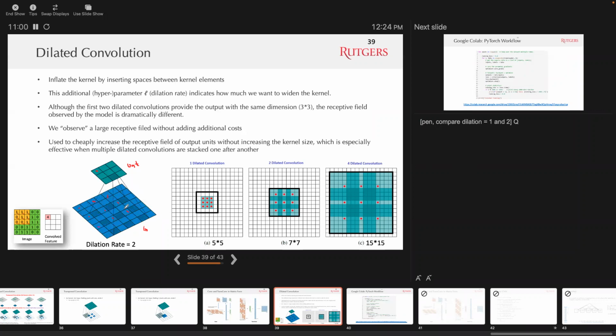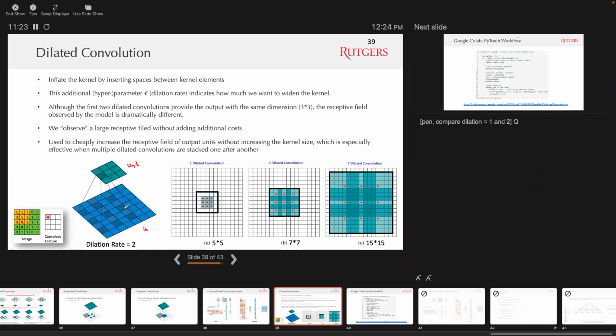Originally it's 5x5, but now it's 7x7. So by using dilated convolution, you're able to get a larger receptive field with the same number of parameters. This is like a free lunch, right? You can look at the bigger picture without having to learn more parameters.